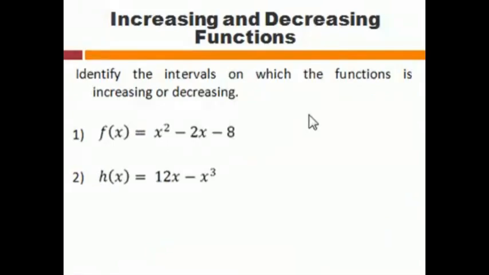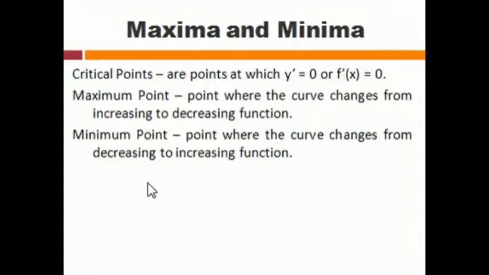Identify the interval of the function, whether it is increasing or decreasing. Next, critical points are points of which y prime is equal to 0, or f prime x is equal to 0, or the slope is equal to 0. So you have a horizontal tangent line. Maximum point.